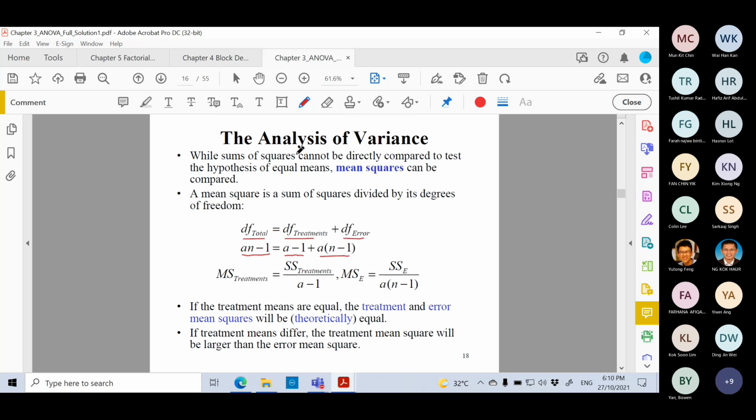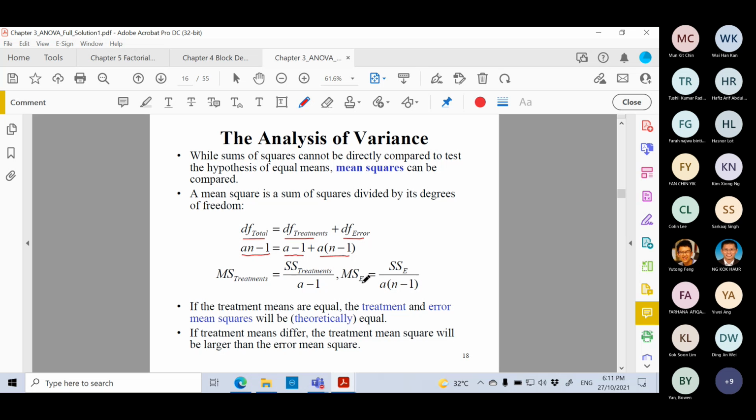In the analysis of variance, they actually relate to a distribution, so that they can be compared with the critical value. We know that if you get the sum of squares and divide it by its degree of freedom, we call it a mean square. The sum of squares for treatment is divided by the degrees of freedom a minus 1, and the sum of squares for error is divided by its degrees of freedom.